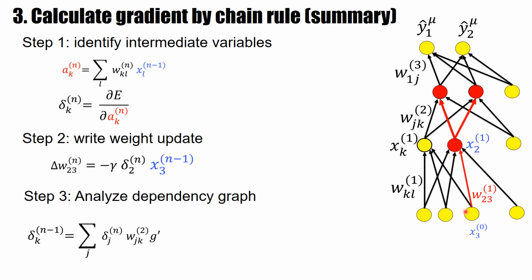And what we use is the x of this layer and the delta of this layer. And then the deltas themselves in layer n-1 depend on the delta in layer n. And this is why we first have to calculate the deltas here and then the deltas over there. So the calculation of the deltas has to be started at the output, and then the information goes backward through the network, and this is where the term backpropagation comes from.